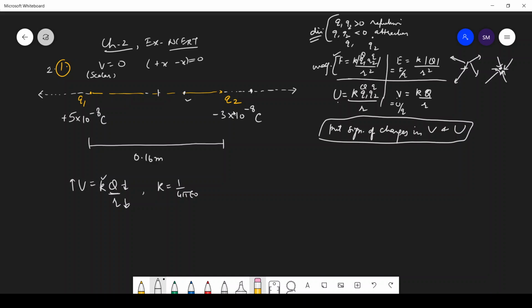So on the smaller charge side we will have 2 points over here and over here. Now let us find out this point first. Let this point be P, and you can let this point be Q.